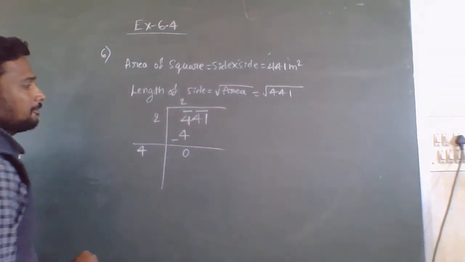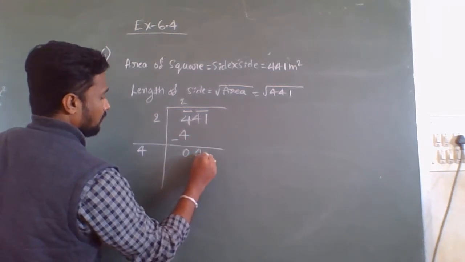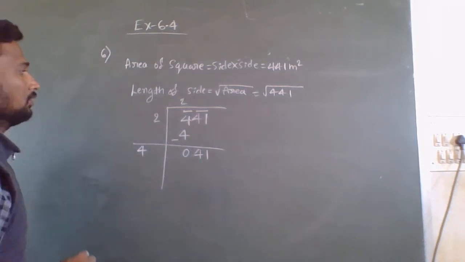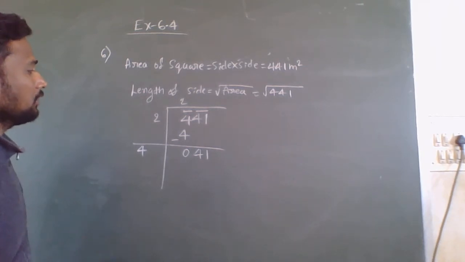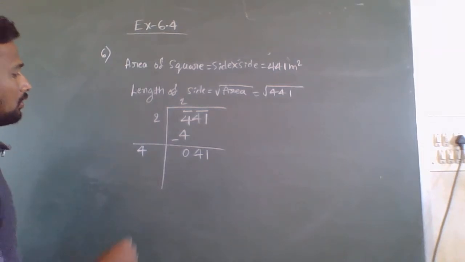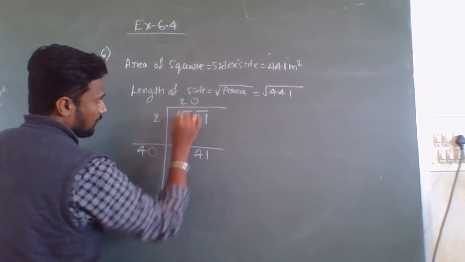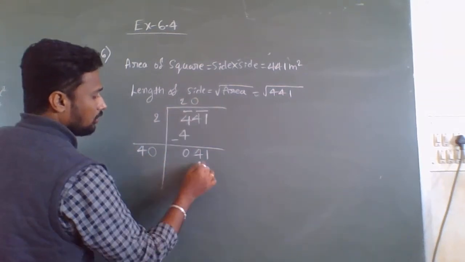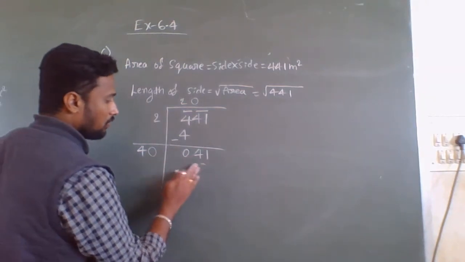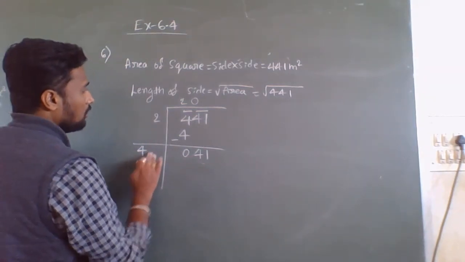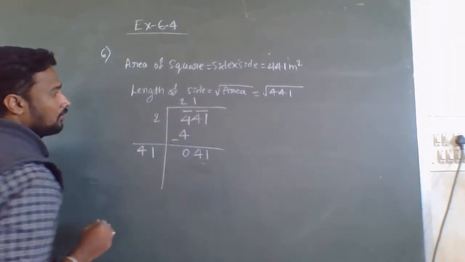Okay. Now we will consider the second group. What is there? 41. What can you consider here? If I consider 0, 40 into 0, 0 we will get. So this 0 is less than 41. So what should I do here? I will consider 1. So if I write 1 here, here also I will write 1.